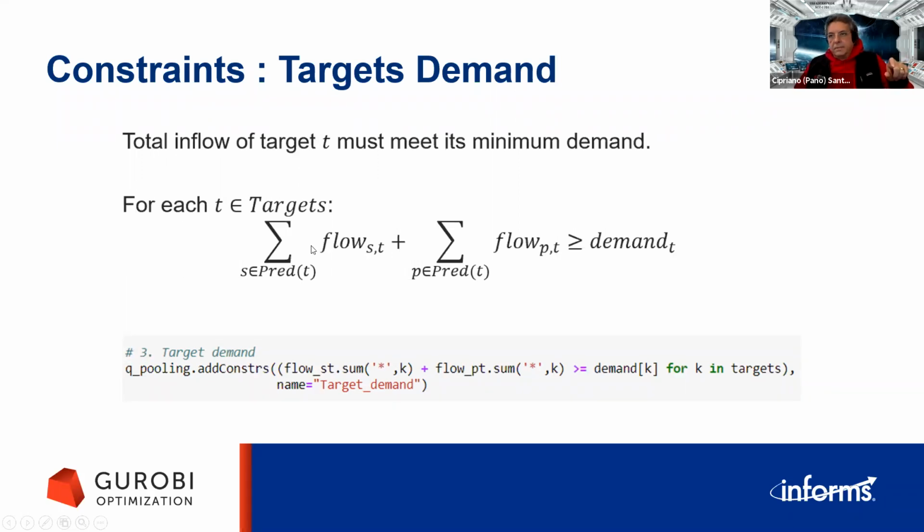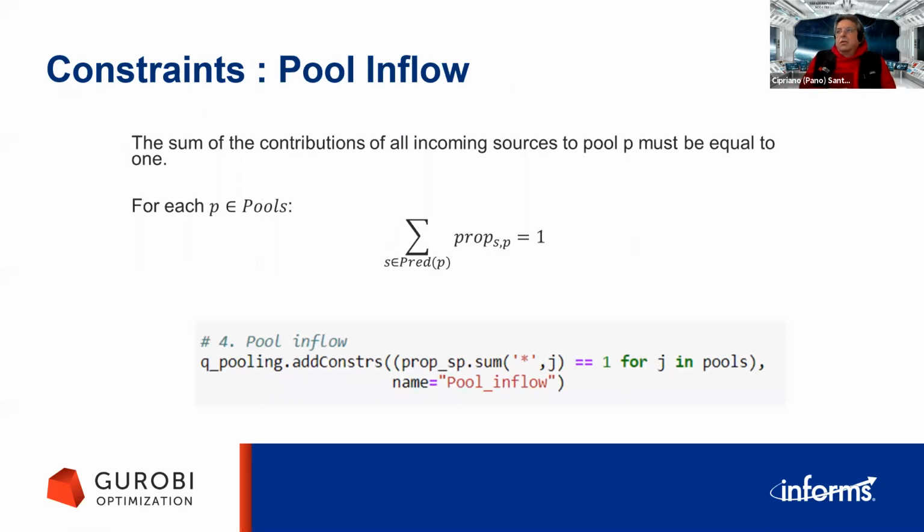And then the representation using the Gurobi Python API is basically copying those equations in terms of the methods that I just described. So there is not much to explain here. We have another constraint that ensures that the proportion variables for each pool should all be equal to 1.